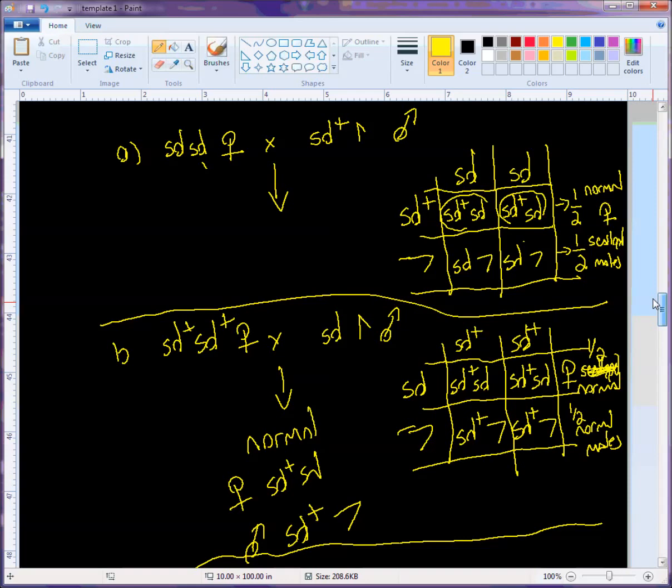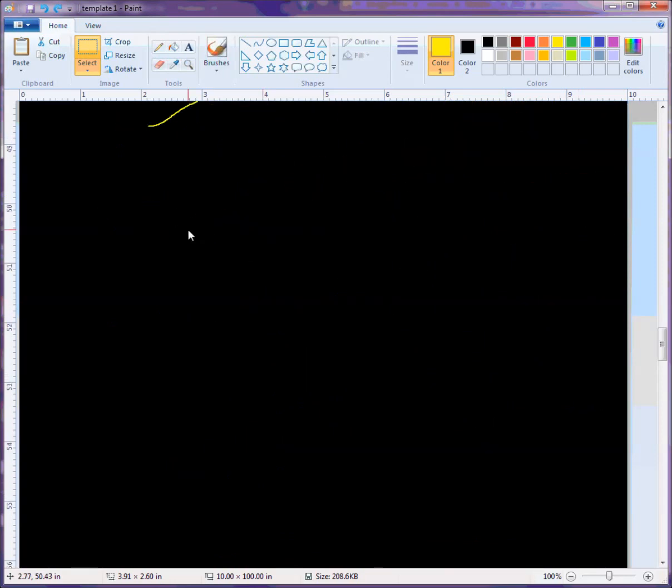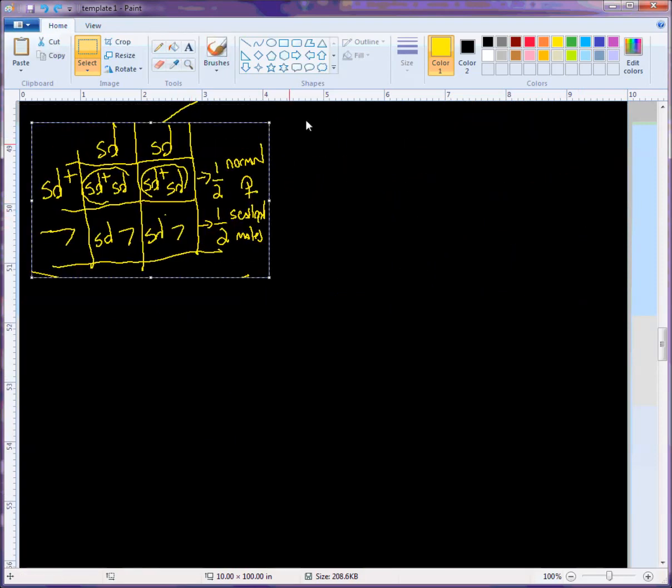So we have to do the F2 now, so let's take a look at that for both. We'll start with this one up here. Let me copy and paste this. Okay, we want these because these are the F1 progeny from the first cross.